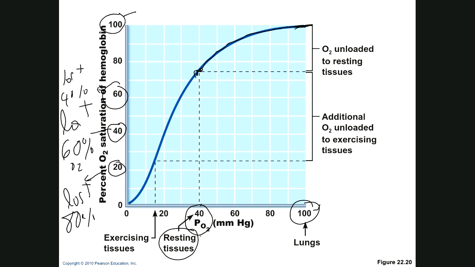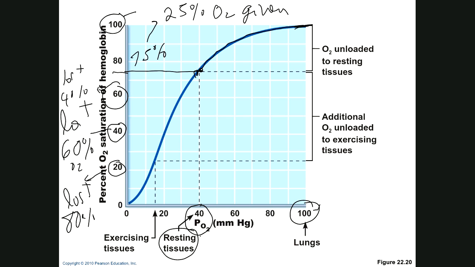Hemoglobin is going to give up some of its oxygen. By the time it leaves the tissue, it's going to be about 75% saturated, which means it has given up 25% of its oxygen. So tissue at rest needs about 25% of the oxygen that the hemoglobin is carrying.